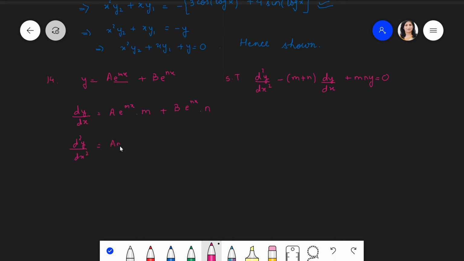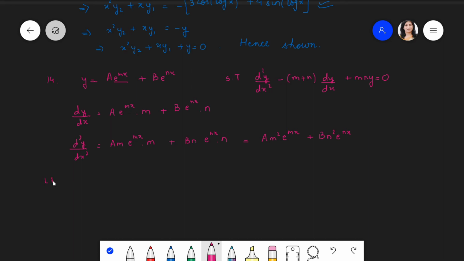So am is a constant. Once again differentiating the exponential function, we get this. In the next term, bn is constant, so constant multiplied by the derivative of the exponential function, which is this. So the second order derivative that we are getting here is am square e to the power mx plus bn square e to the power nx. So first order, second order derivatives obtained.